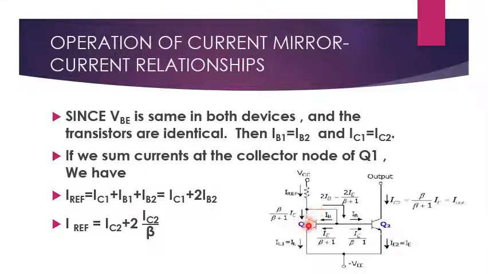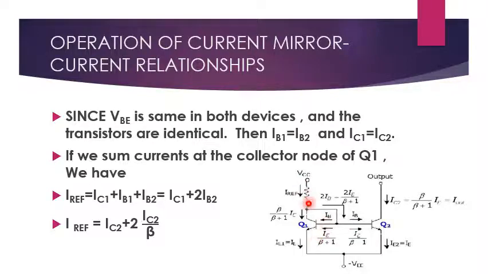IC1 is going out, and IB2 is also going out, but IB1 is shown as coming towards the node. IB1 and IB2 are equal only, so it doesn't matter, even if the current direction is reversed.